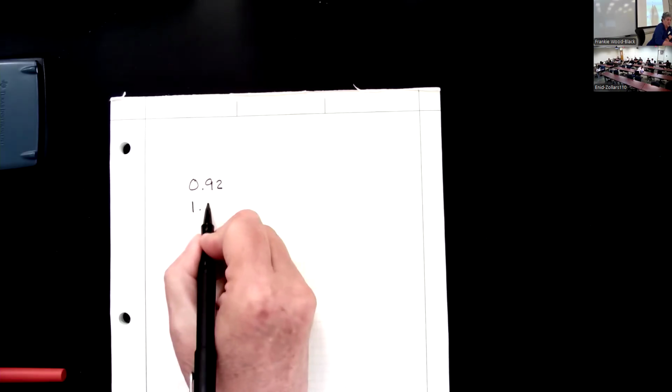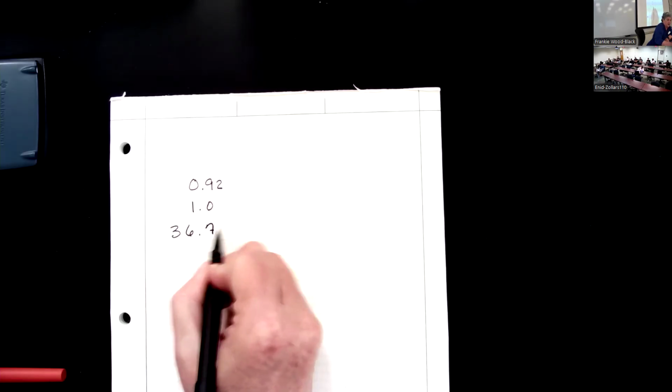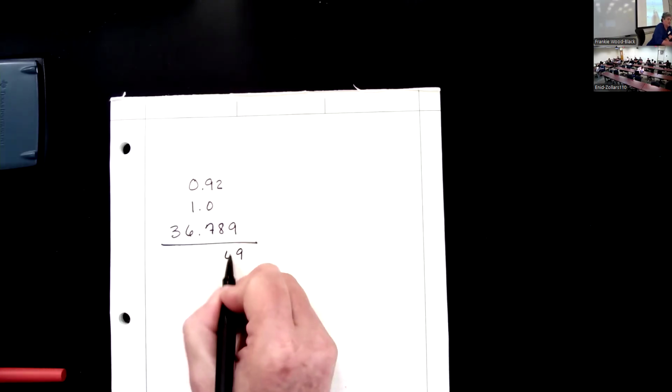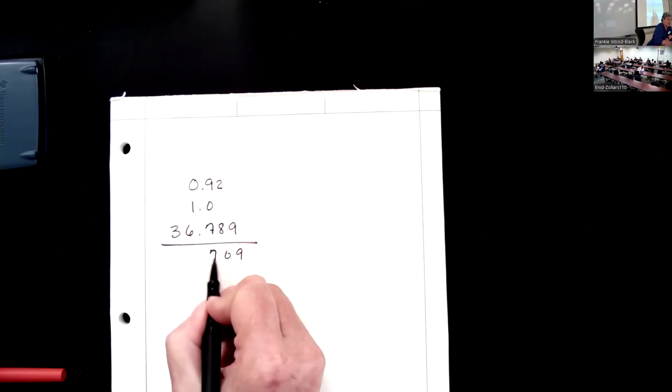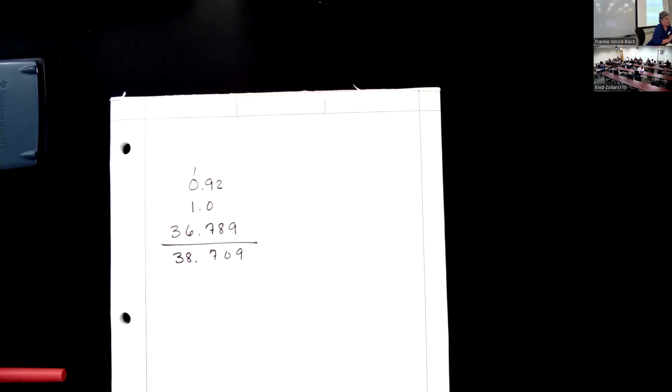if I'm adding 0.9 to 1.0 to 36.789, I'm adding those numbers together. I'm going to get my 9, I'm going to get my 0, I carry the 1, I get 7, I get that 1, I get 38.9709.